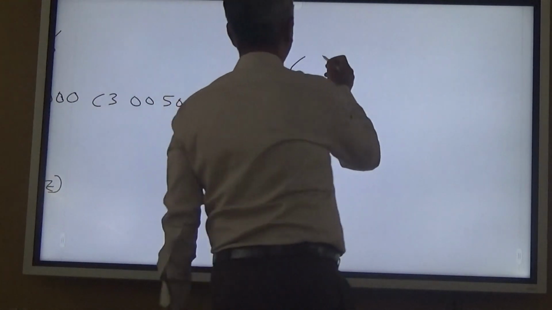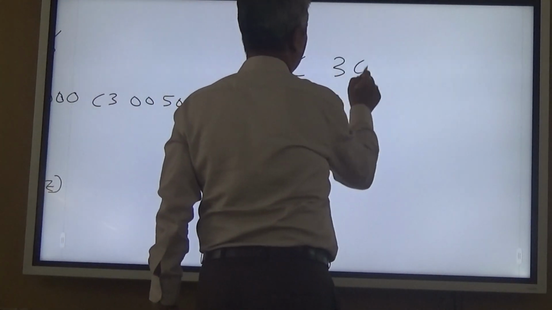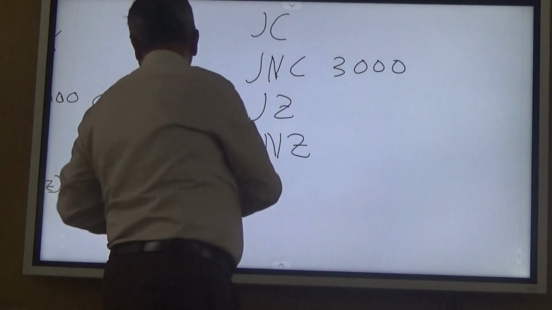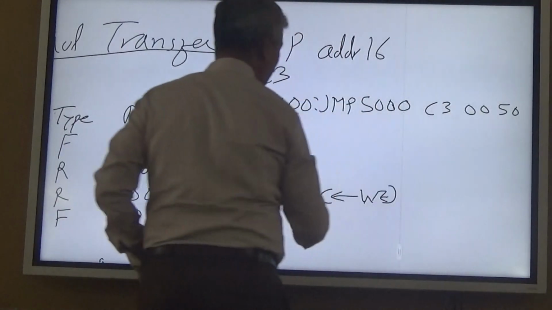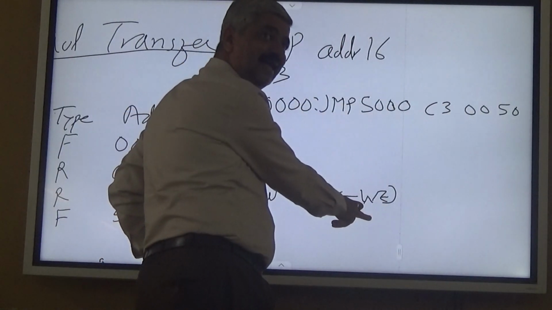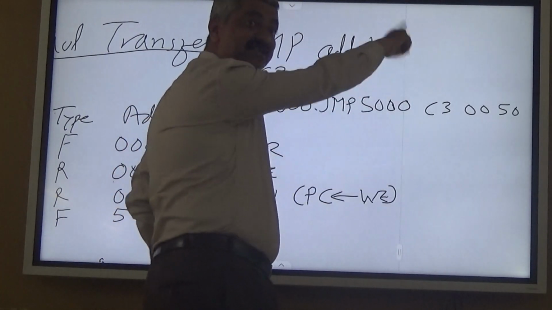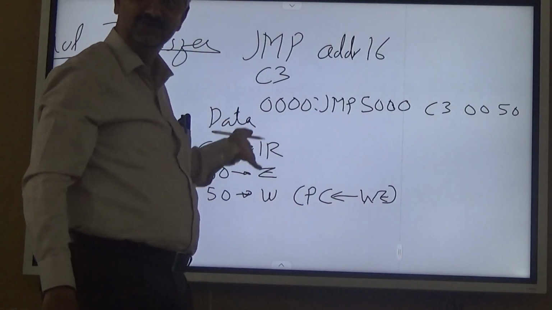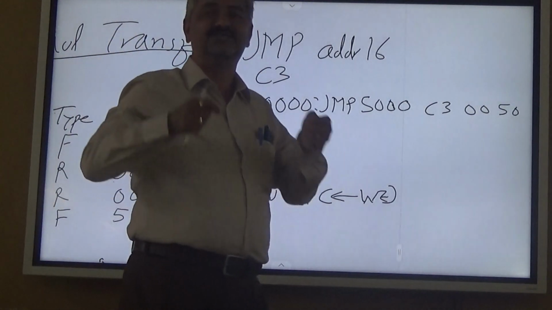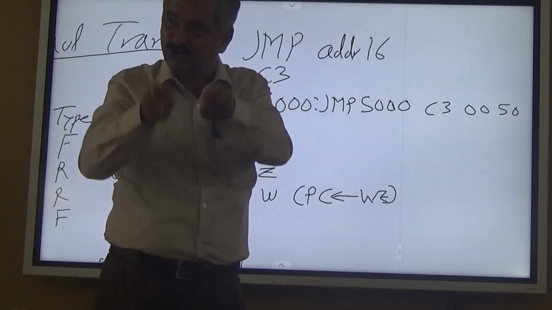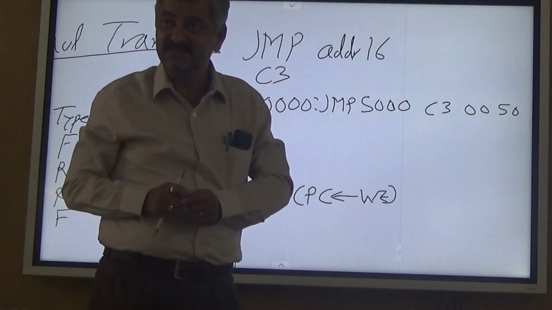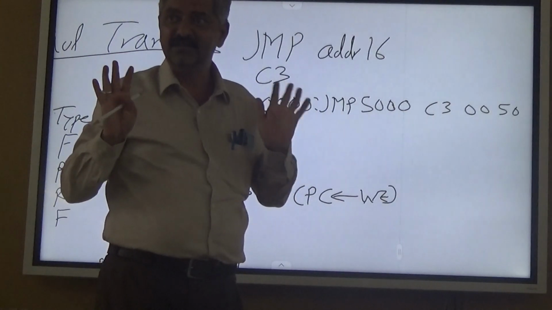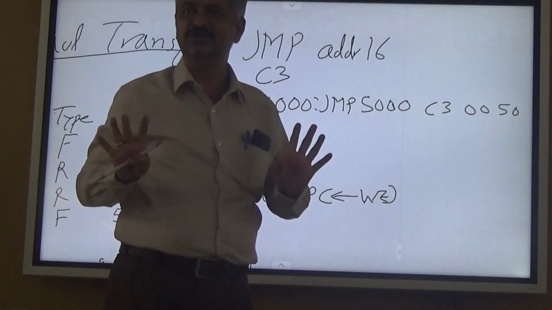So jump on no carry 3000 means this instruction; for unconditional branch we do it directly, whereas this is done if the condition is met, otherwise the program counter is 0003. Jump on carry means jump if carry flag is 1, otherwise don't jump. Jump on no carry means jump if carry flag is 0, otherwise don't jump.